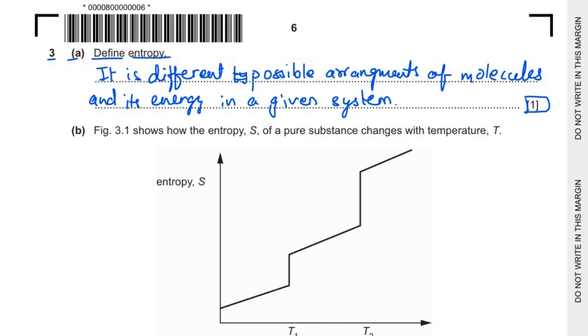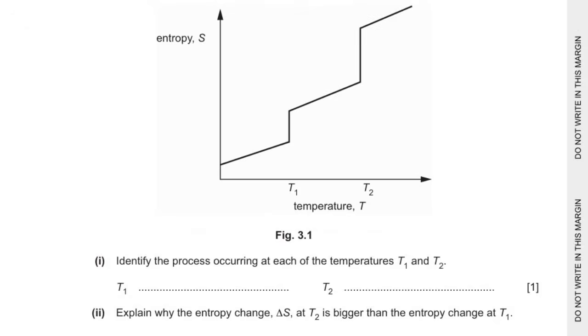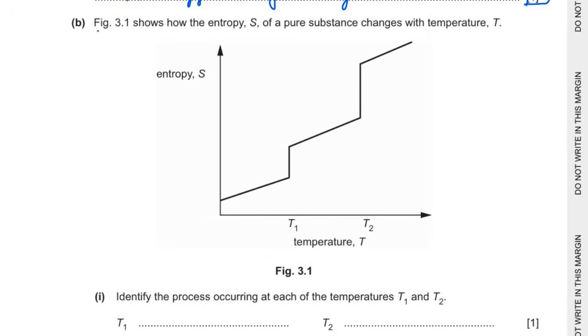So let's see what sub-question B says. Here a diagram is given. Figure 3.1 shows how entropy S of a pure substance changes with temperature T, and here is the temperature on the x-axis, and entropy on the y-axis.